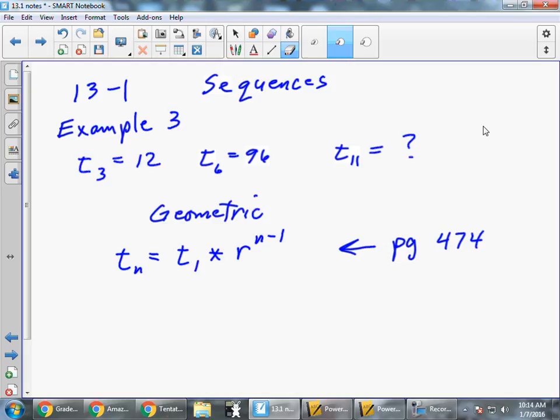Okay, so let's plug in two different equations here and see what we can do with it. Okay, so we can say T sub n, we know a couple. We could say T sub 3 equals T sub 1 times, do we know the ratio?